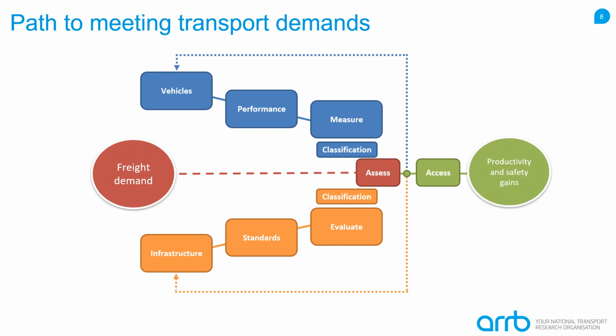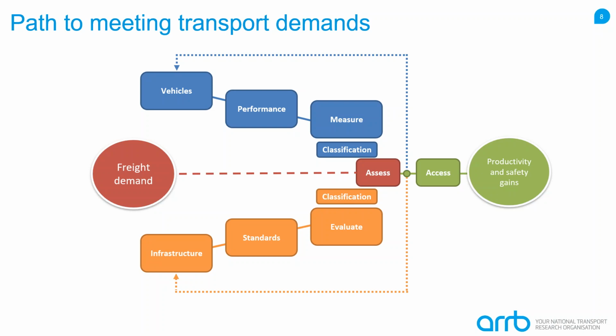In order to do this, we must match up the vehicles with the infrastructure. Vehicles can be assessed against established and recognized standards, which set the measure for acceptable performance. A similar process is followed when assessing the capability of our infrastructure and network.